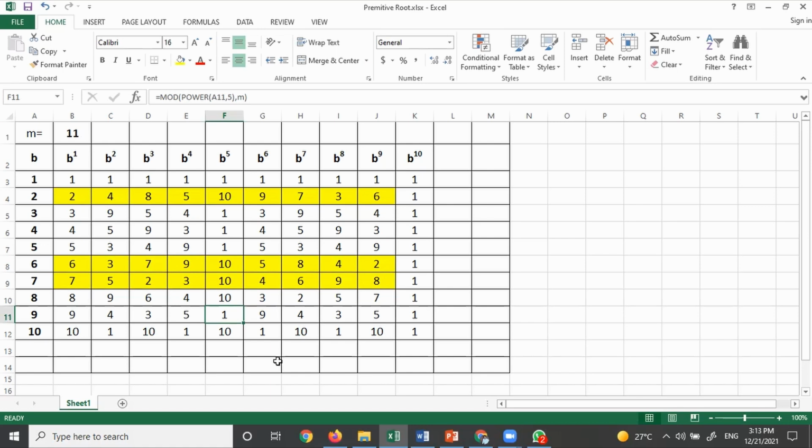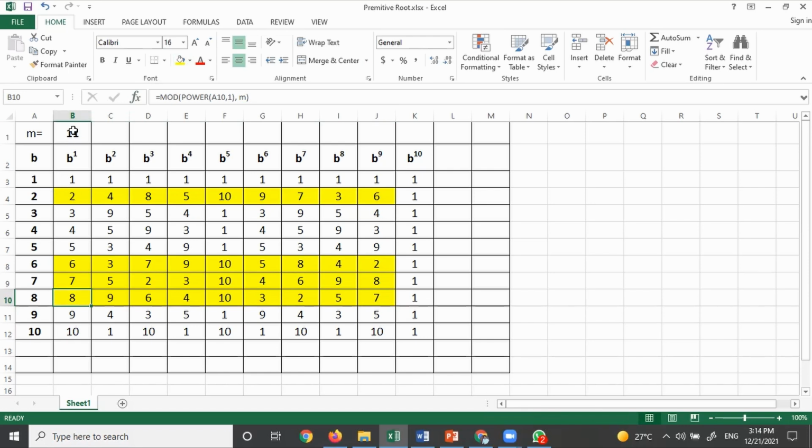Even 8 might be a primitive root. Yes, 8 is also a primitive root. So if the m value is changed, I was just worried how it is possible that we got the same answers.